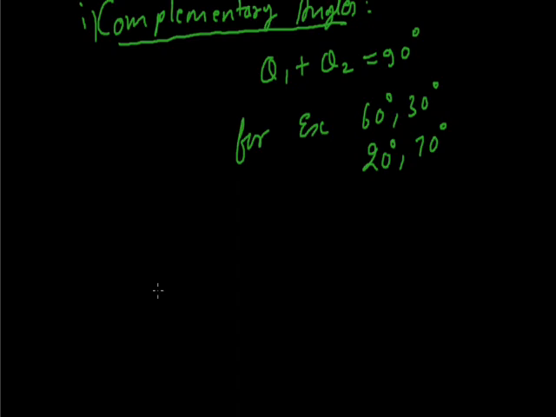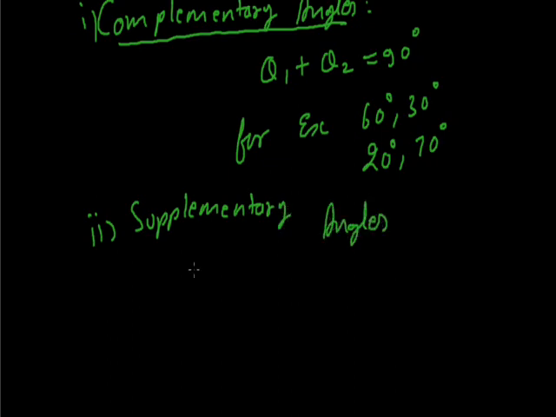After complementary angles, we come to the supplementary angles. Supplementary angles mean the two angles whose sum is 180 degree. Let's say the two angles are theta 1 and theta 2.